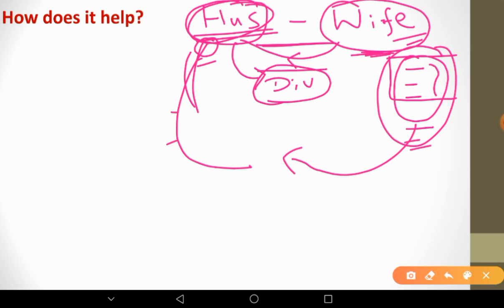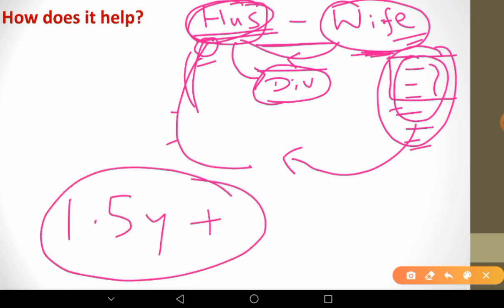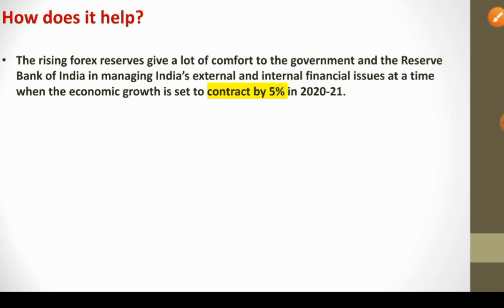What I want to convey is that forex is for critical conditions. Like in 1991 we were in a critical condition where we were not able to pay even 15 days of import bill. In that condition forex comes in handy, and luckily we have more than 1.5 years of import dollars in the forex reserve as of now. So I have explained in layman's terms. Now we see what's there in this.